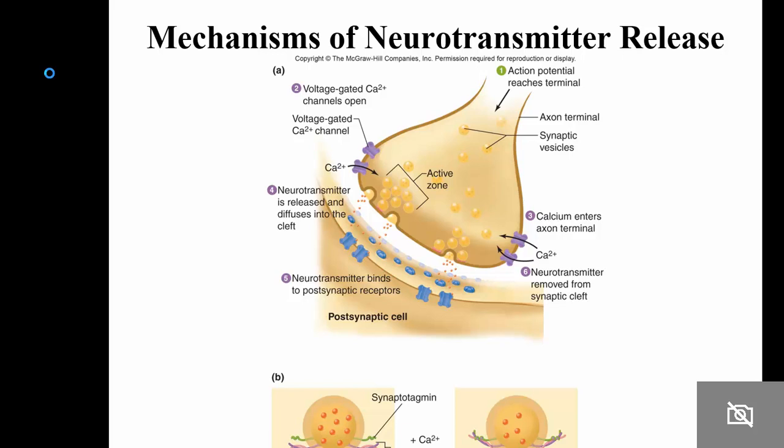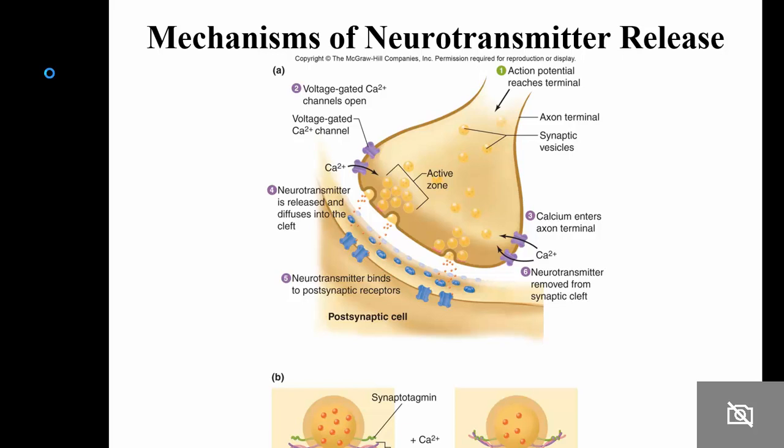When an action potential comes down this axon, it's an electrical signal that comes down here with the voltage-gated sodium channels turning the signal on, and the potassium channels turning the signal off, all the way down.